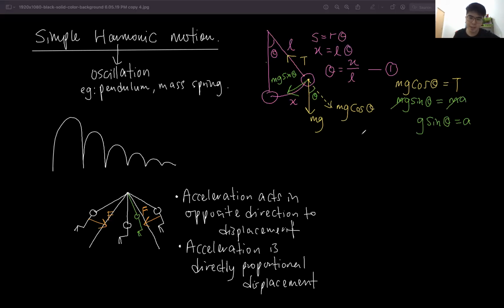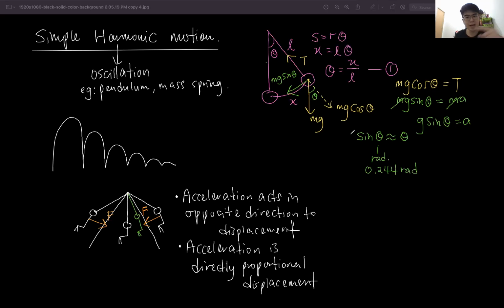That means we say that sin theta approaches theta if theta is a very small angle. Sin theta is actually equal to theta if it's a very small angle. Now this is in radians. If it's in degrees, you can convert to radians. They found that it's actually around 0.244 radian.